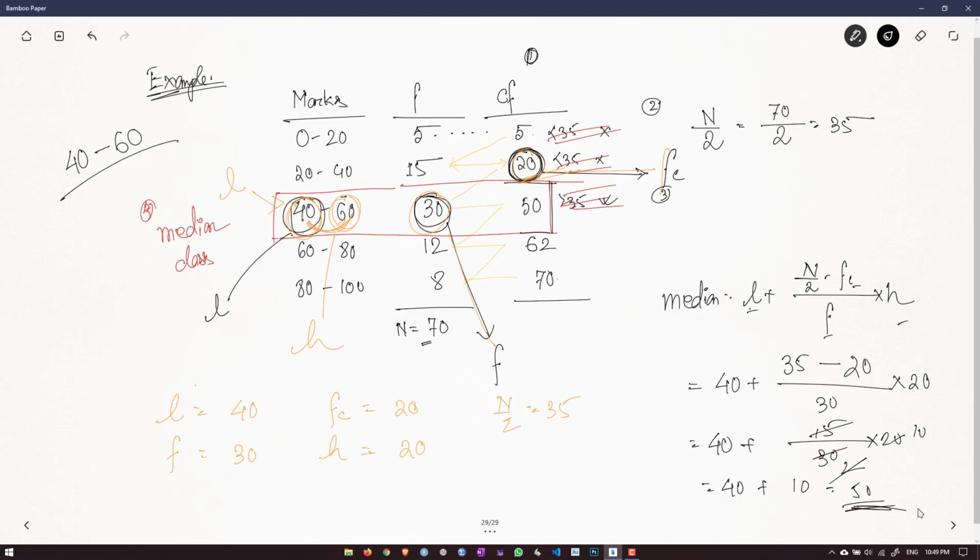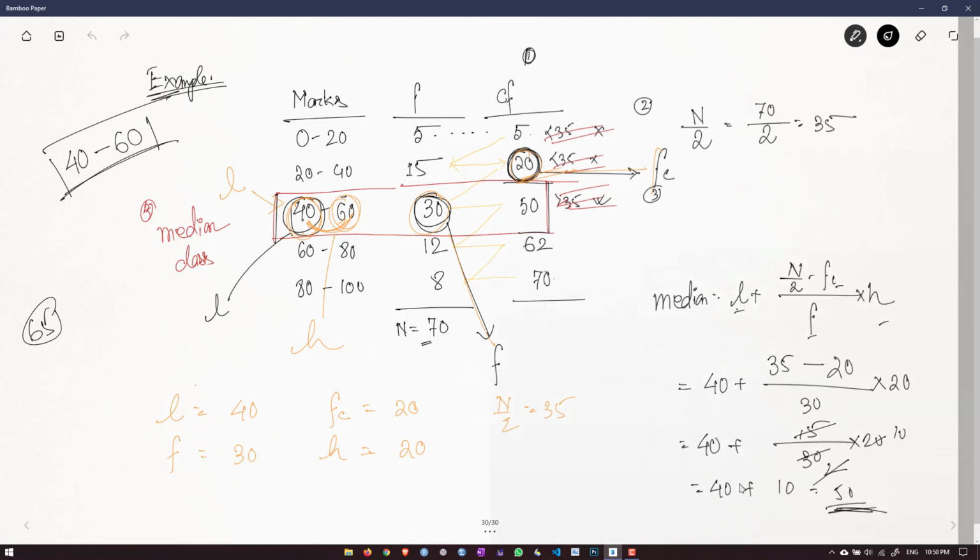This is one way of verifying your calculation. Suppose after replacing the values and simplifying, you found the median to be 65, and you assume that the median class is 40 to 60. Now 65 is greater than 60, it does not belong to this range. That means somewhere you have made a mistake, right? Your calculation is wrong. So this is how we calculate median.